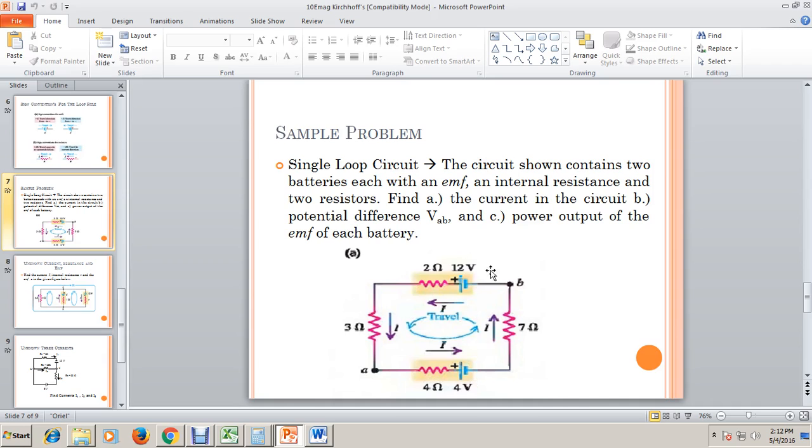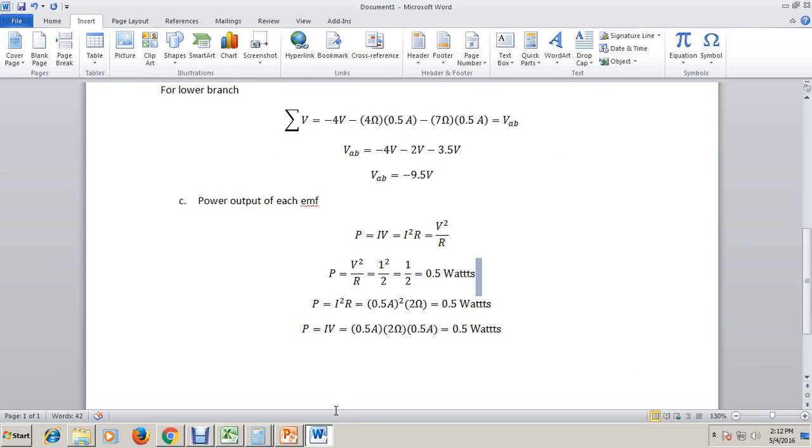So therefore the power output is not necessarily equal to 12 volts only, but 12 volts minus the voltage drop in the 2 ohm resistor.